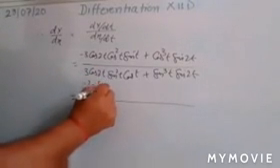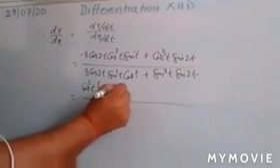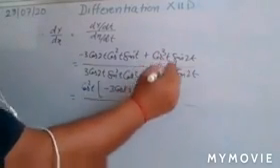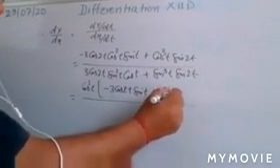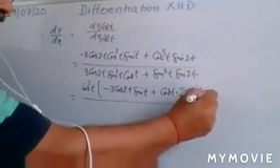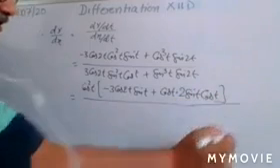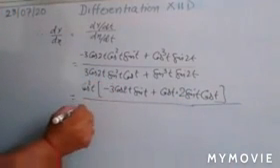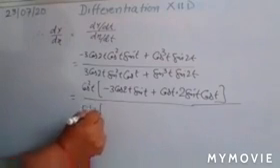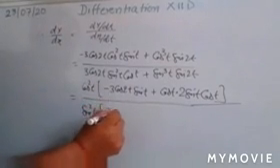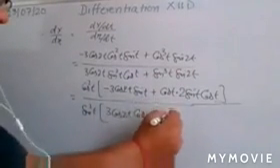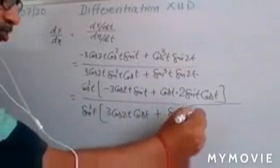So here you have minus 3 cos 2t sin t plus cos t, and sin 2t can be written as 2 sin t cos t. In the same way, in the denominator, you write sin square t into 3 cos 2t into cos t plus sin t into 2 sin t cos t.